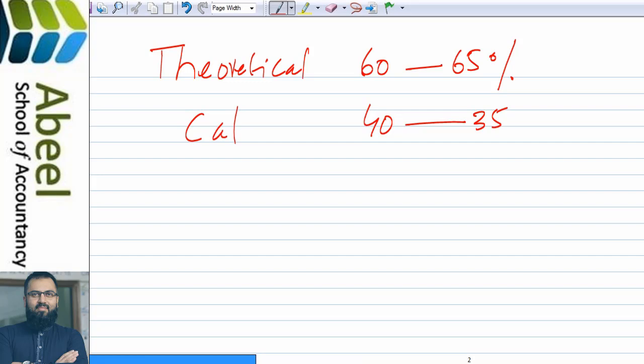So all you need is, number one, to understand the rules. Second, you have to memorize them also. There are two steps. Step one is understandability: you have to develop the understandability of rules. Step two is you have to memorize them. If you're not memorizing the rules, then there's no benefit.